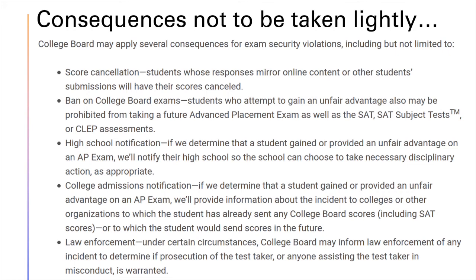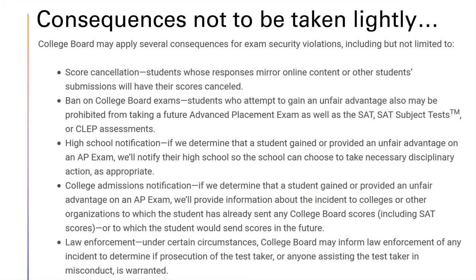Third, high school notification. So again, this will be handed out by Mrs. Patterson. College admissions notification. If College Board determined that a student gained or provided an unfair advantage on an AP exam, they will provide information about the incident to colleges or other organizations to which the student has already sent any College Board scores.